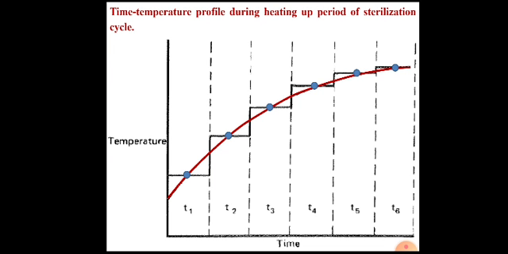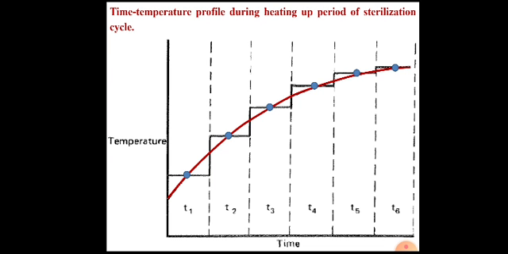Now you have the value of t, and you have the value of temperature. Now you need to see the formula of the Del factor. Del factor is equal to K t. So here you know t, you need to know the value of K. K is the specific death rate at that particular temperature.